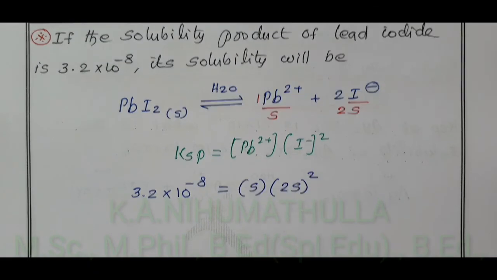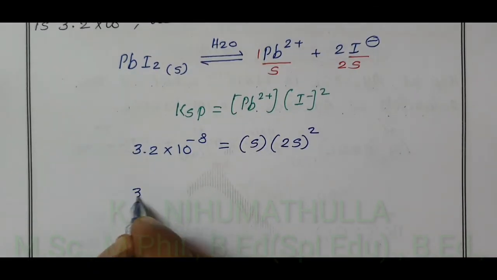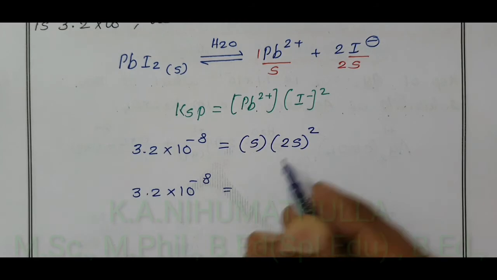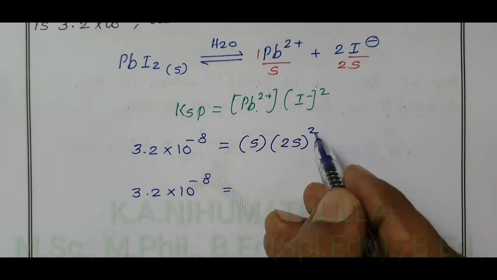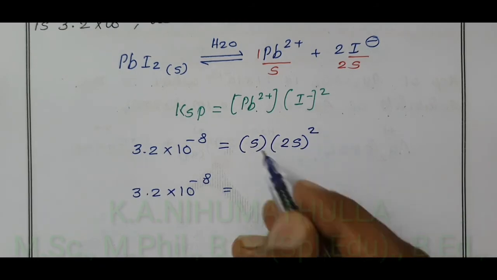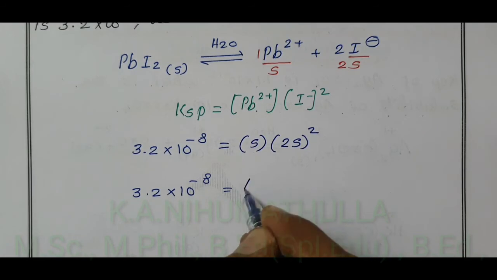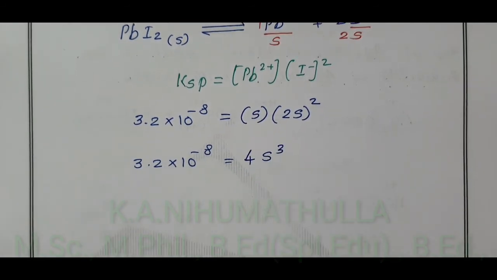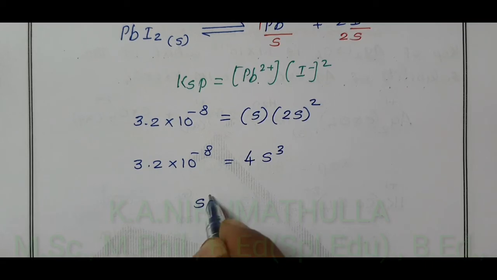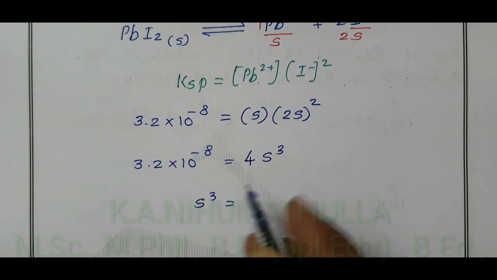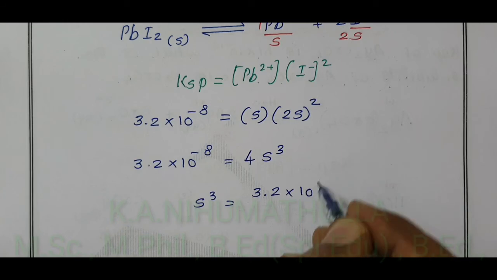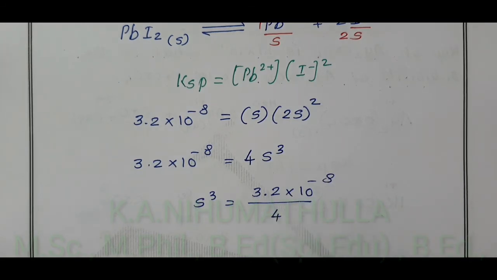square. So 3.2 into 10 power minus 8 equal to 2 square equal to 4, S squared into S equal to 4S cube, or S cube. Bring the 4 to the left hand side, it becomes 3.2 into 10 power minus 8 by 4.